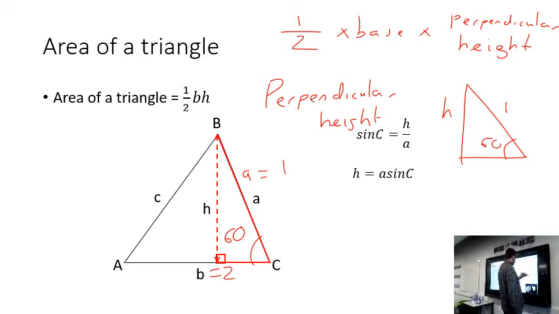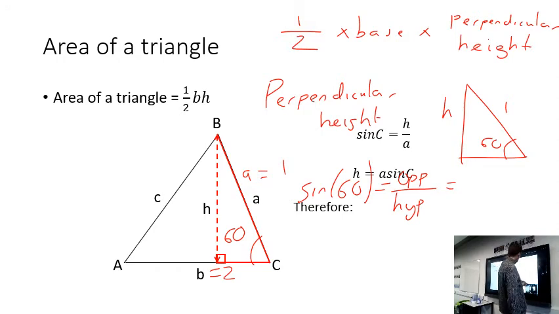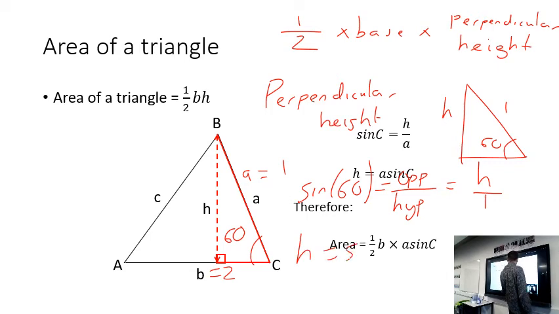Using a knowledge of trigonometry, we have the opposite and the hypotenuse here. So sine 60, which is the angle, is equal to the opposite over the hypotenuse. Opposite here is written as h, and the hypotenuse is 1. So we can say that h is equal to sine 60.